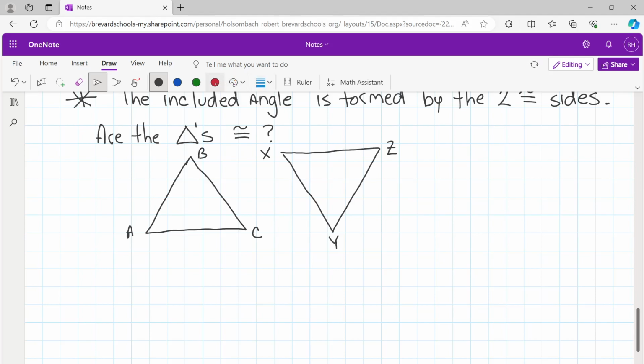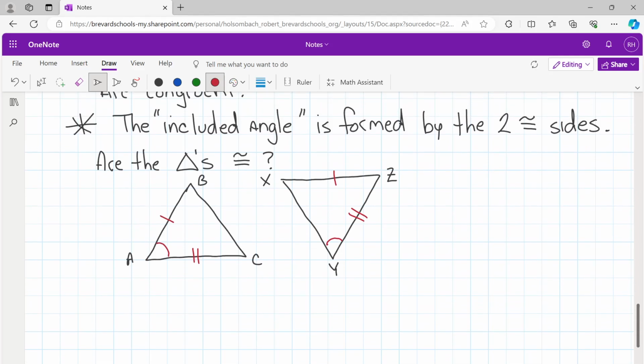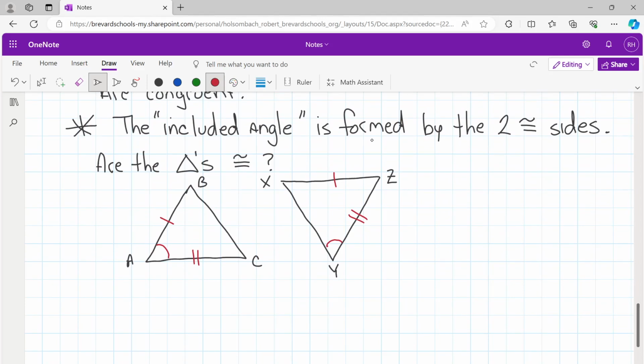So if I go side, included angle, and side, and then I go side, side, angle. The included angle is formed by the two congruent sides. Are these two triangles congruent?